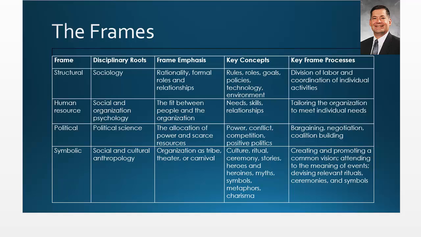There will be mechanisms, boy, that's an interesting pronunciation, mechanisms for coordination through meetings and committees and ad hoc groups and how to get things done. There'll be strategic plans and visions and goals and policies associated with the organization, and all of this ties into that kind of structural frame.